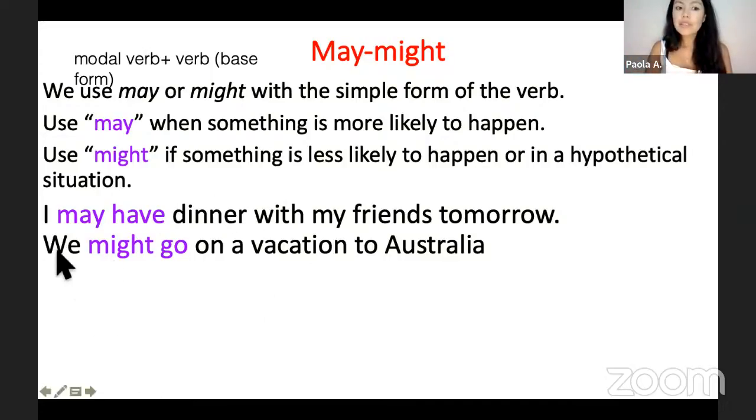But when we say we might go on vacation to Australia, it's not sure to happen. I don't want to translate the word, but I'd rather you think a little bit about this. Do you understand the meaning already? Are you kind of sure about it or not too sure?